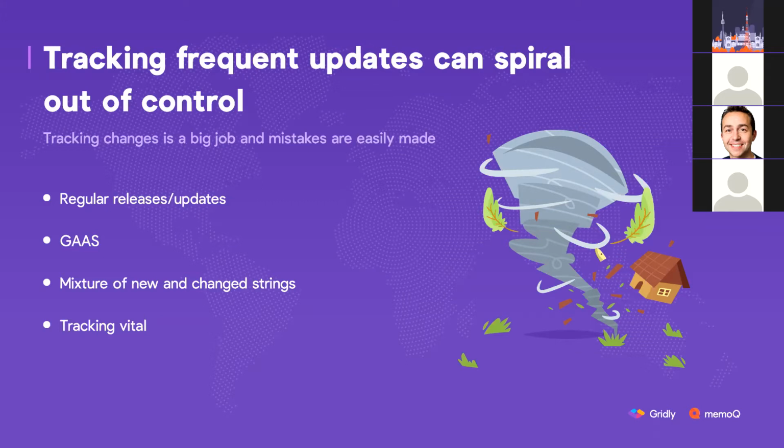Being able to track what's new and what's changed matters: working in a spreadsheet, it's very simple to not highlight things that have been changed, and so those can potentially go into the live game. So again, that tracking is absolutely important.